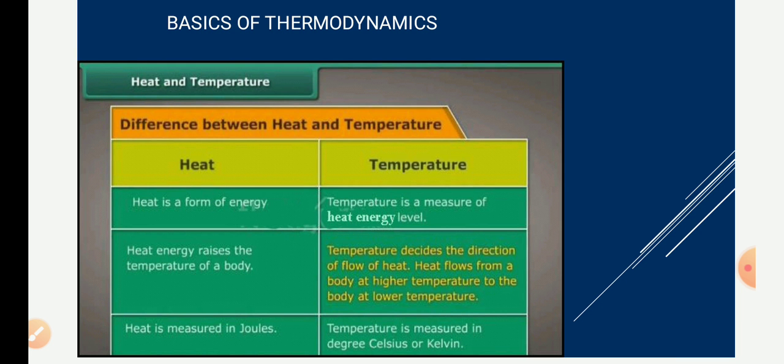Like in physics we have derivations, mathematics is what we use for the derivation part. Mathematics is a language to express physics. Like that, temperature is a measure to express the heat of a substance. That is the difference between heat and temperature.